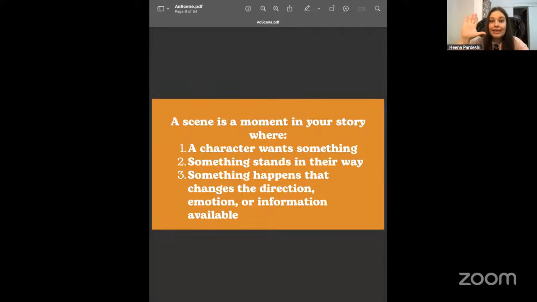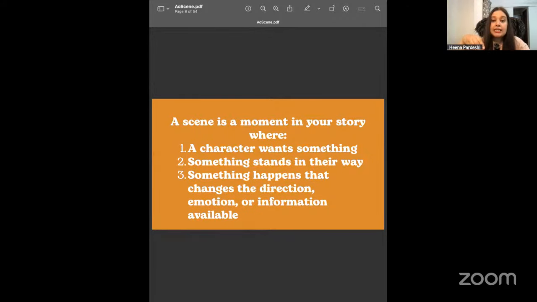It's just a chunk of writing. For definition, a scene is a moment in your story where a character wants something, something stands in their way, and something happens that changes the direction, the emotion, or the information available.